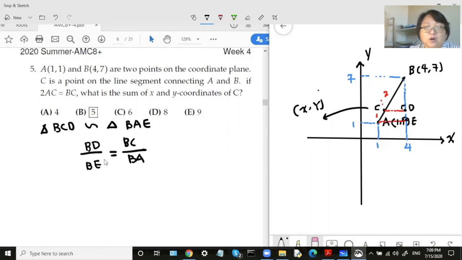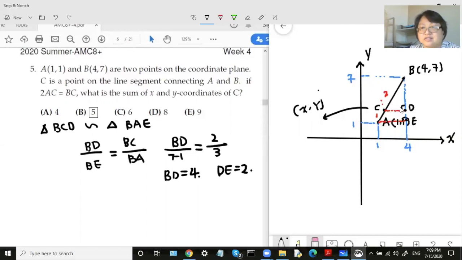BE equals 7 minus 1, which is 6, and BC is 2 to BA is 3. So we got BD, which is 4. So then obviously DE is 2. So we get the y coordinate of C: y equals 1 plus 2 equals 3. Okay, first step.